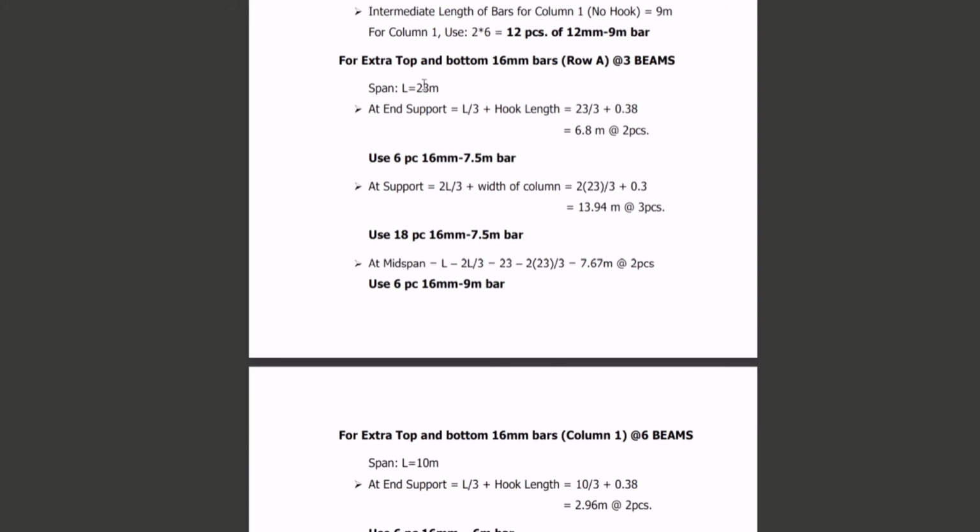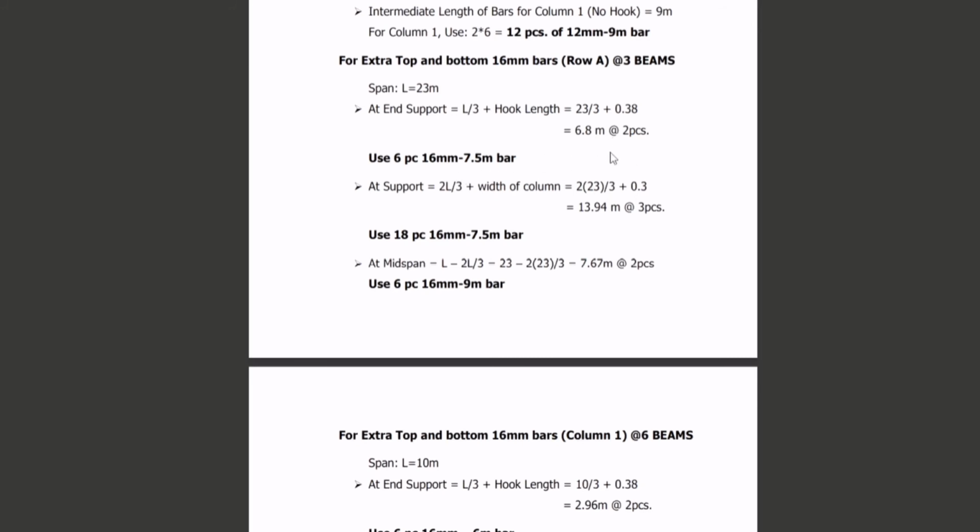Then, dito naman tayo sa extra, top and bottom, which is 16 mm bars. Sa row A muna tayo, which is may tatlong beams to. So, span niya 23 meters. So, sa end support niya, so L over 3 plus hook length, so 23 over 3 plus 0.38, so 6.8 meters at 2 pieces.